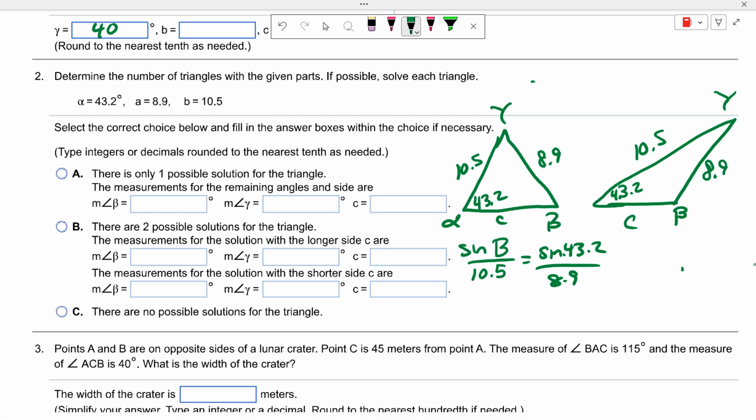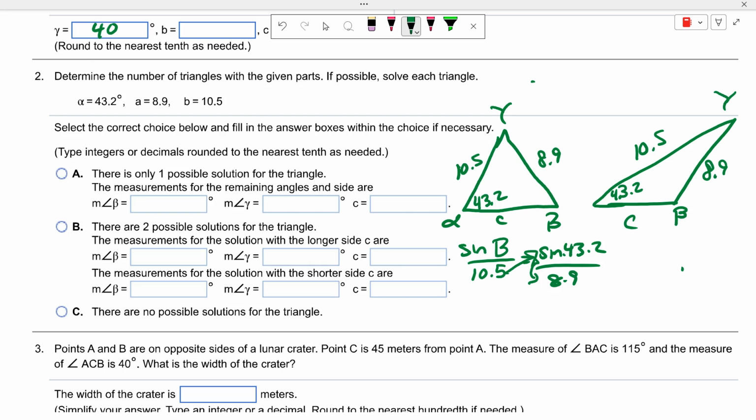I want to find an angle, so this times this divided by this. So what's 10.5 times the sine of 43.2 divided by 8.9? Some decimals, 0.8076.